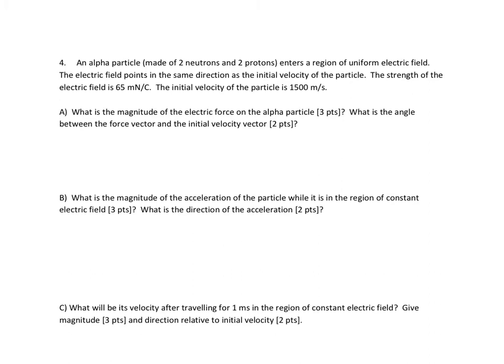Okay. To determine the magnitude of the electric force, you just have to use the following formula: the electric force magnitude is Q times the magnitude of the electric field, where Q is the magnitude of the charge. In this case, the magnitude of the charge is going to be 2 times e, because neutrons are neutral and protons carry a charge of e, and the electric field is 65 millinewtons per coulomb.